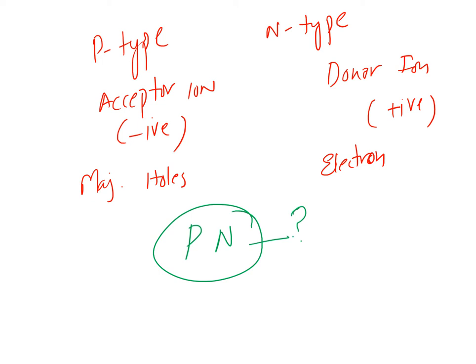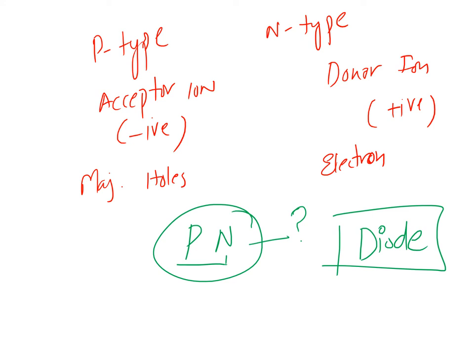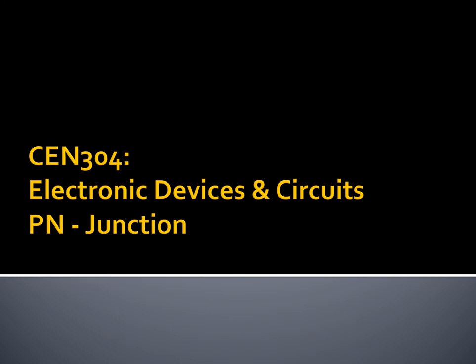Once we combine them, we get a diode. A diode is one of the semiconductor devices widely used for a wide range of applications, which we are going to discuss later on. So here in this chapter we are going to learn what will happen if we combine p and n-type semiconductor materials. So let's have a look.